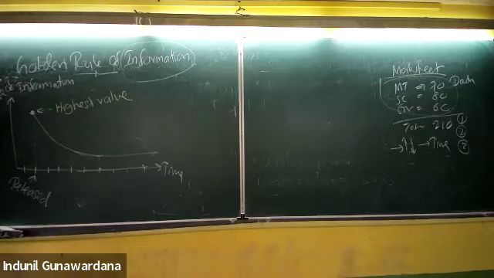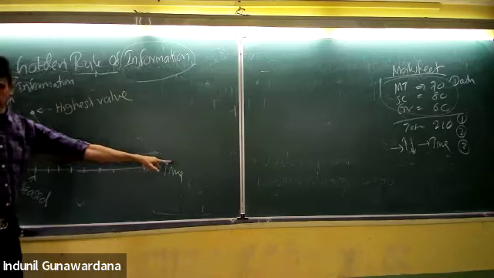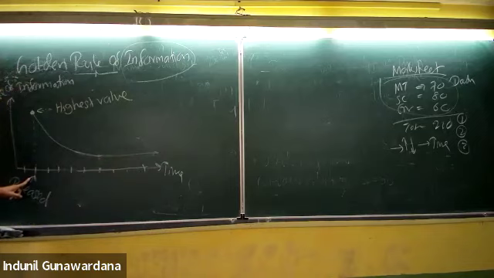This side, the y-axis is the value of information, and this is the highest value. This axis is time, and this is the time where it is released. This is the highest value point.